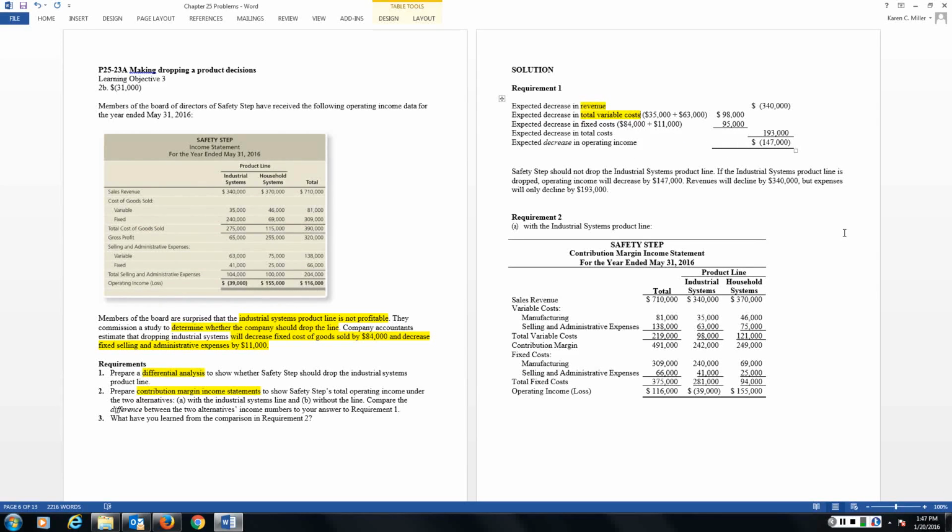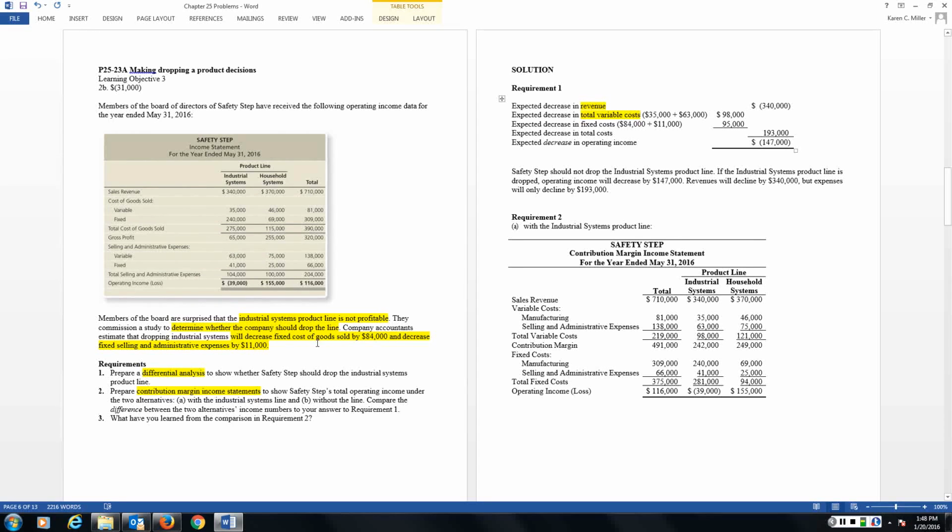If we go back and look at our cost of goods sold, $35,000 were variable, and our selling and administrative expenses, $63,000, were variable. So if I get rid of this product, I can eliminate the manufacturing costs that are variable, and I can eliminate the selling and administrative costs that are variable. So I can eliminate $98,000 in variable cost.